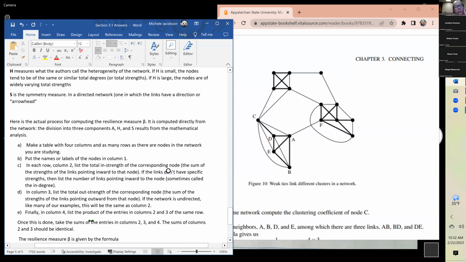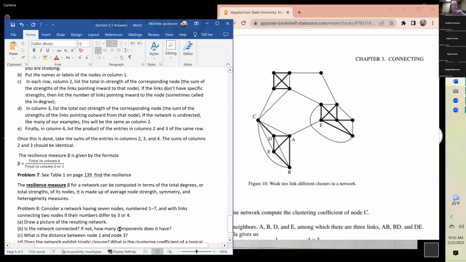Finally, in column 4, list the product of the entries from 2 and 3. Product means to multiply them, so you just multiply across. Once this is done, you add up the 3 columns, 2, 3, and 4. And you divide column 4 by 2 or 3. Columns 2 and 3 should have the exact same value, or you did something wrong.